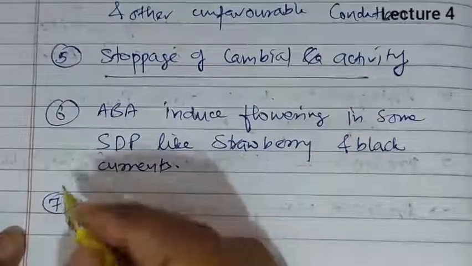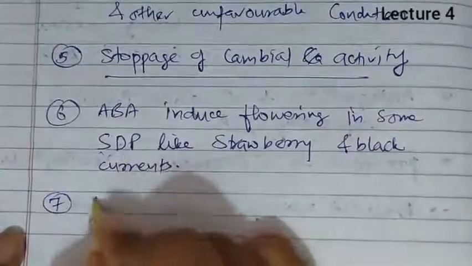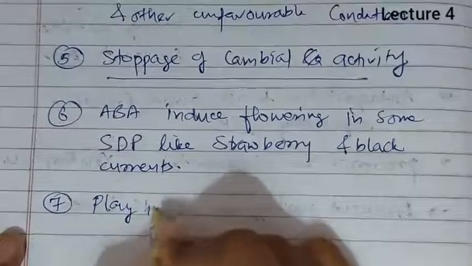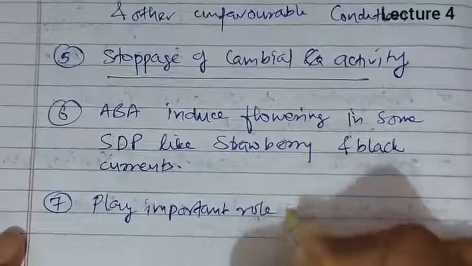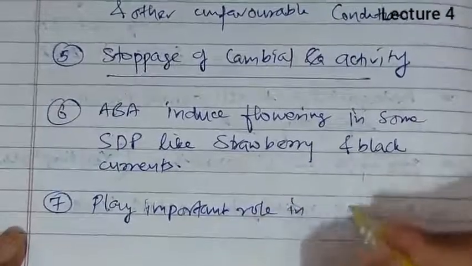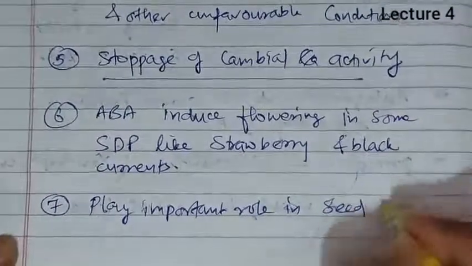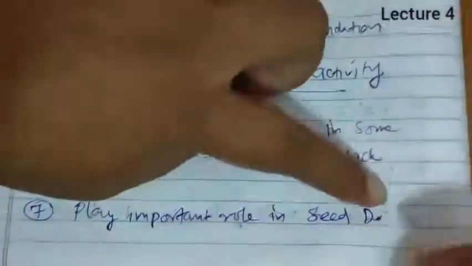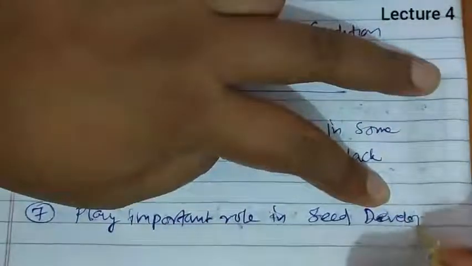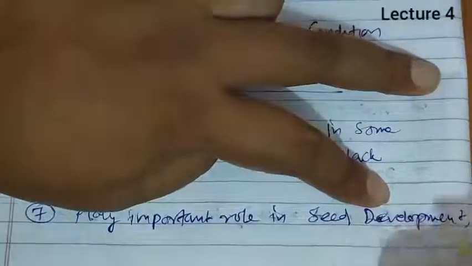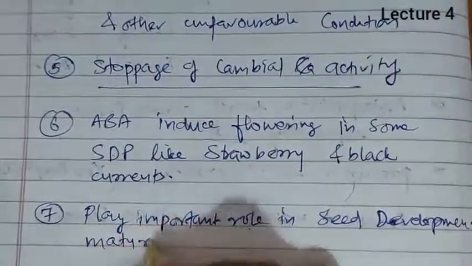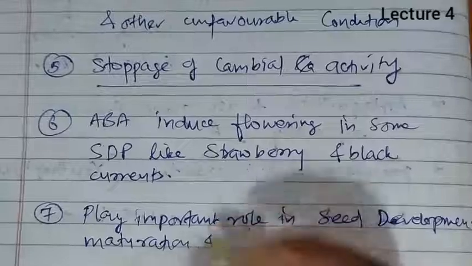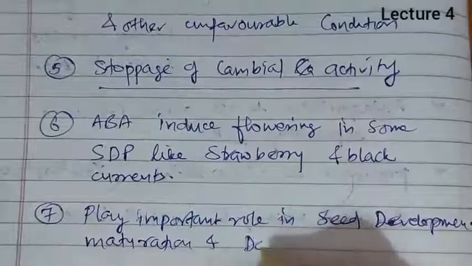Seventh, abscisic acid plays an important role in seed development, maturation and dormancy.